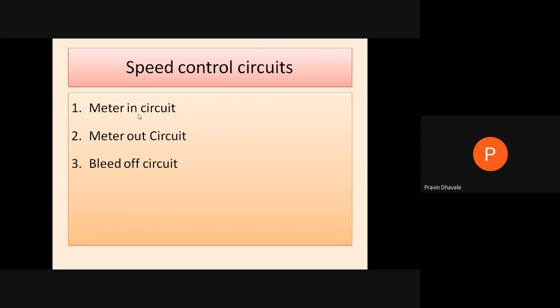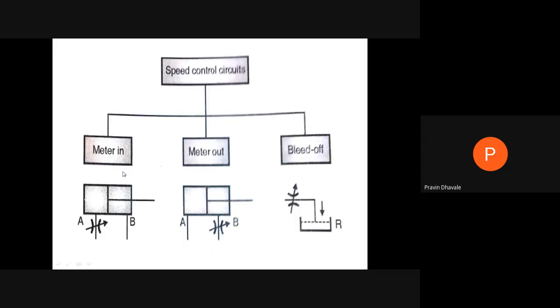The speed of the actuator can be controlled by providing these three types of circuits. They differ from each other in the position of the variable flow control valve. At the inlet of the cylinder, it is meter-in. At the outlet of the cylinder, meter-out. And in a bypass line, the bleed-off circuit. Are you getting it?